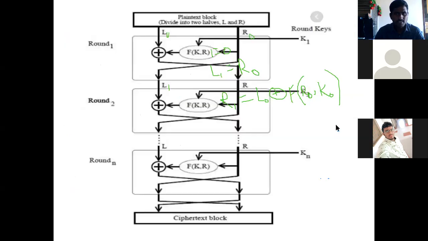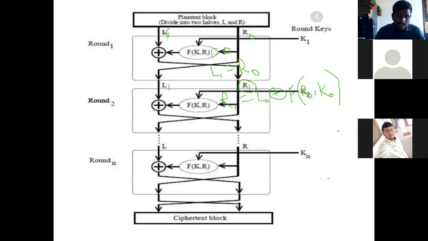Let us see it in the structure. Here we have L0, R0, and L1, and this is R1. R1 is equal to what?